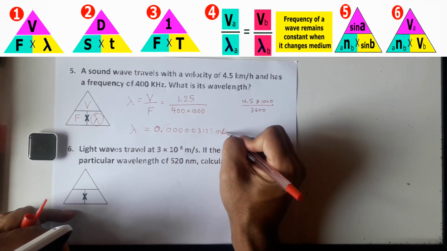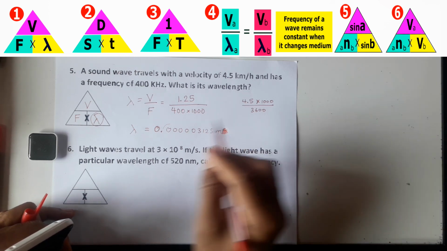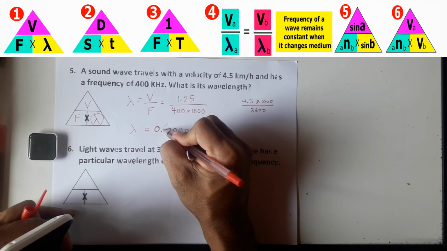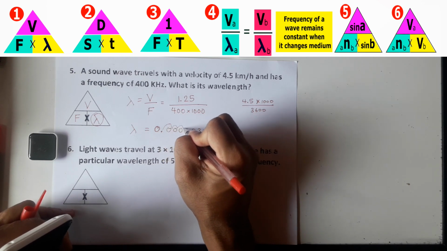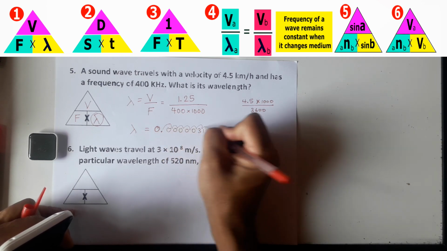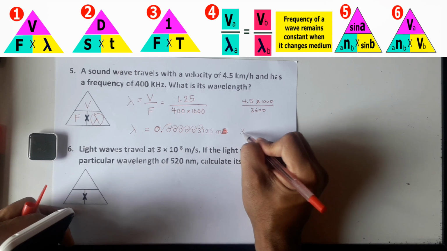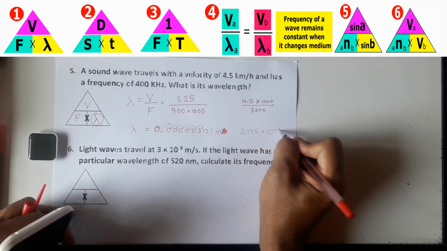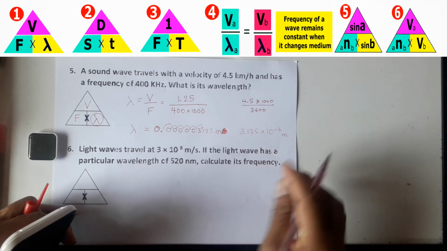Sorry, not meters per second, I made a mistake. Wavelength is measured in meters. If we want to put it in standard form, we move it 1, 2, 3, 4, 5, and 6. We will get 3.125 multiplied by 10 to the power minus 6 meters.